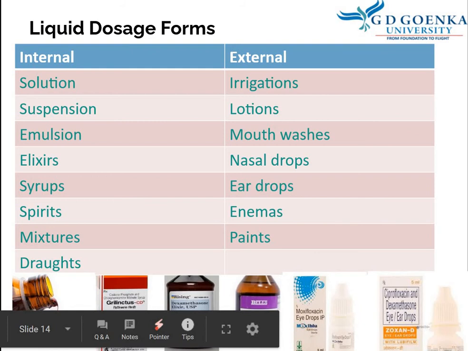Syrups are also liquid dosage forms which are meant for ingestion. They contain a high proportion of sugar in water. Spirits contain a high proportion of alcohol. They are meant to be prepared as surgical spirits or disinfectants.